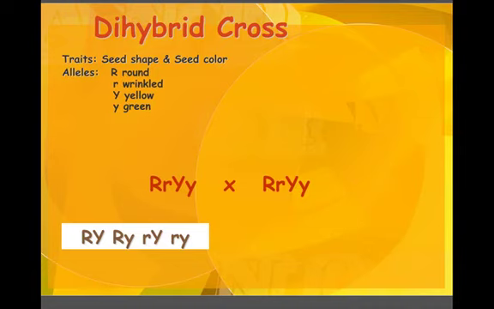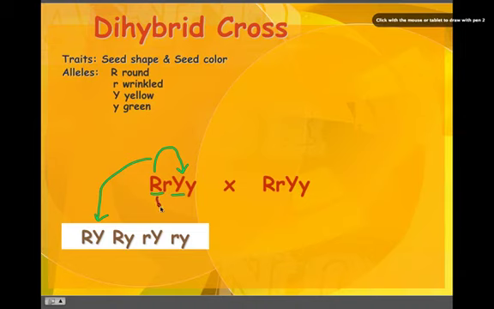The gamete combinations, and the way that we do this is we take big R and big Y. That's where you're going to get here. We're going to have big R, little y. That's where you get here. We're going to have little r, big Y. And whatever letter you're always using, you put that first. So because we've used R first, we're going to use R first even if it is lowercase.